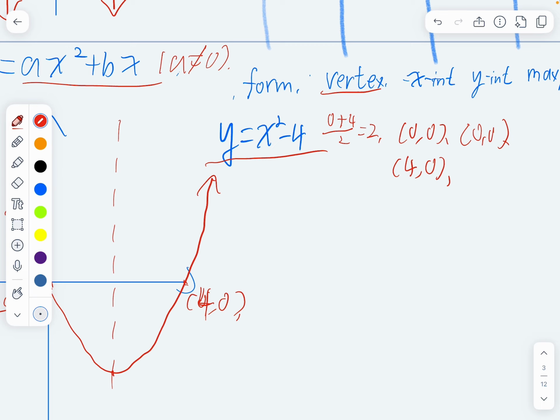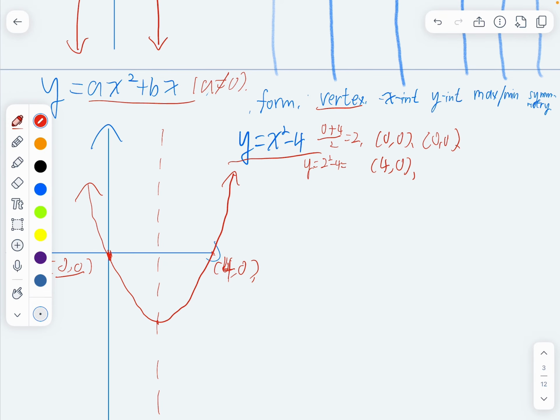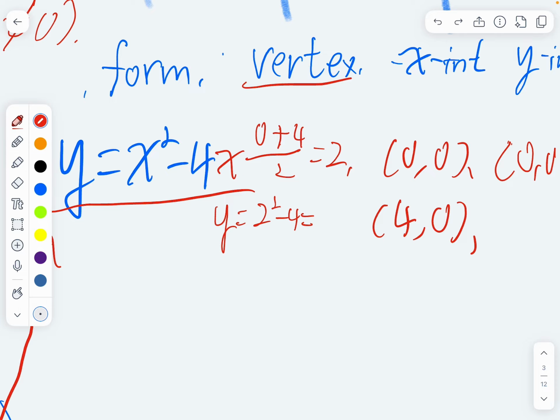For the y, we plug it into the function: y = x² - 4x, so y = 2² - 4 times 2 = 4 - 8 = -4.